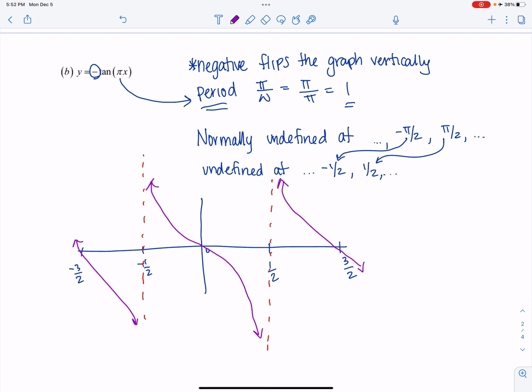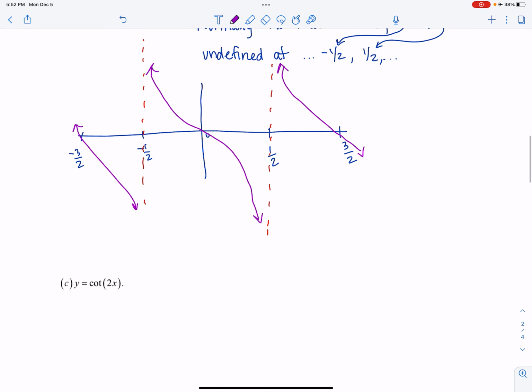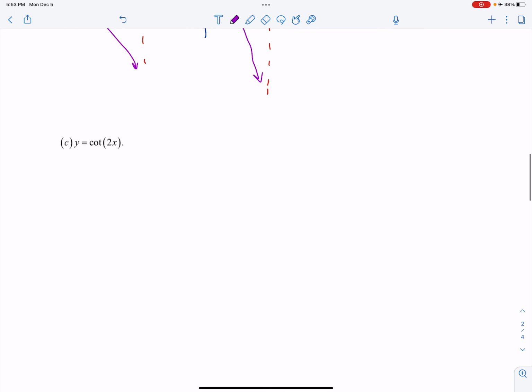Something like this. Now I know you're jealous of my perfect graphing skills, but if yours don't look as pretty, that's totally fine. I'm just kidding. I know that this graph looks gross, but we get the general idea of what it's supposed to look like. We're just sketching at the moment, so it doesn't have to be absolutely perfect and beautiful.